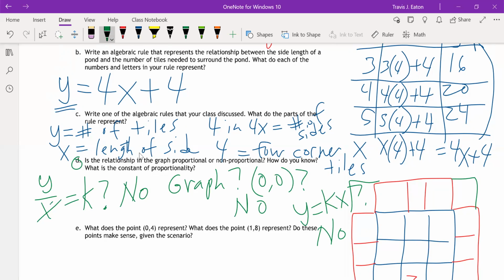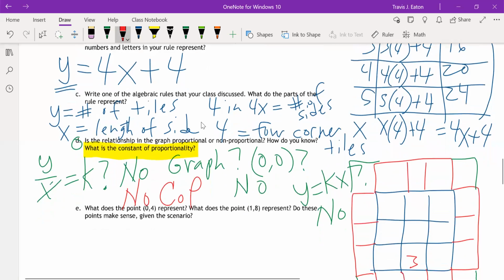So since it's not proportional, this question that asks, what is the constant of proportionality? There is no constant of proportionality. There can't be a constant of proportionality if it's not proportional. We can certainly find the slope of the line, but we won't be able to find the constant of proportionality because it's not proportional.